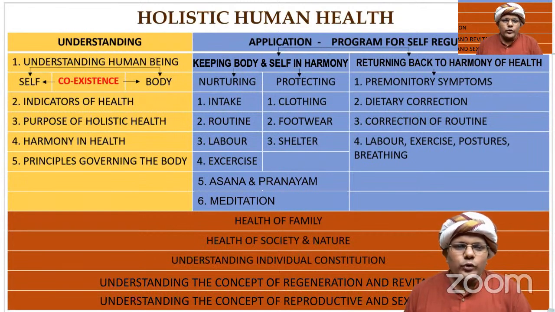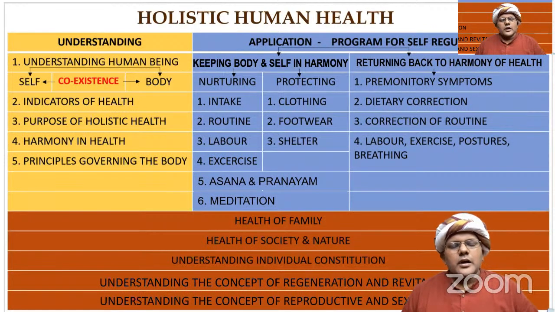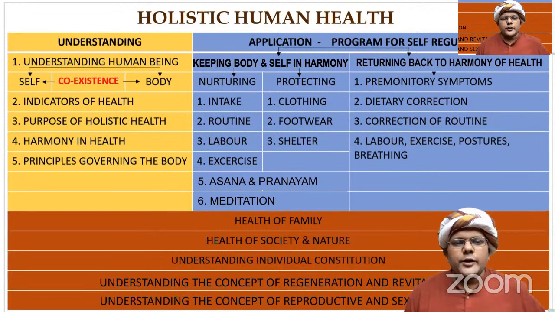So how do we know that we are in a state of well-being physically, mentally, and socially? What are the indicators of health? This we need to understand. Once we understand these indicators of health, we will be able to check whether we are really healthy or not, and correct anything which is not in balance. How do we know whether our body is in a state of health or not, whether our mind is in a state of health or not? There are some indicators of health.